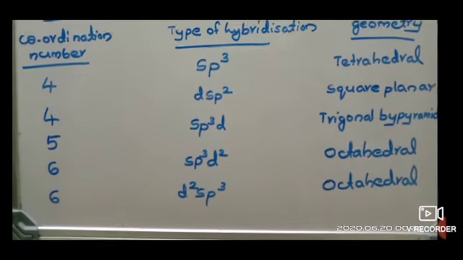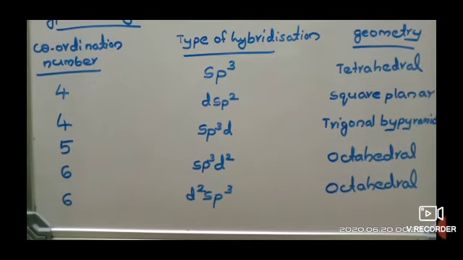So generally, if the coordination number is 4, the hybridization is sp3 or dsp2. If it is sp3, it has a tetrahedral shape. If it is dsp2, it has a square planar shape. For coordination number 5, it is sp3d and trigonal bipyramidal shape.